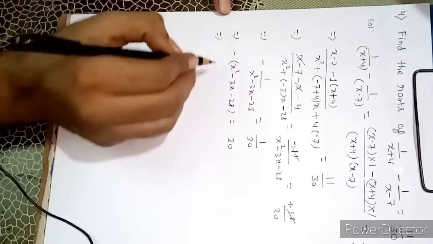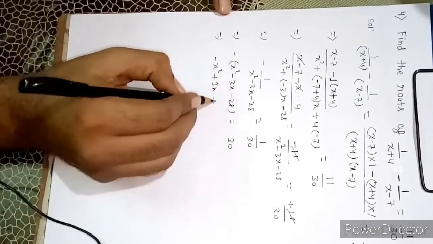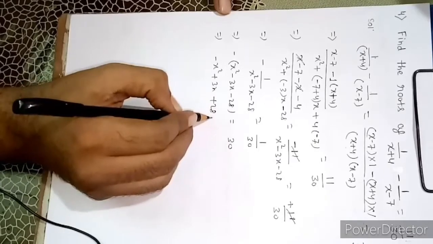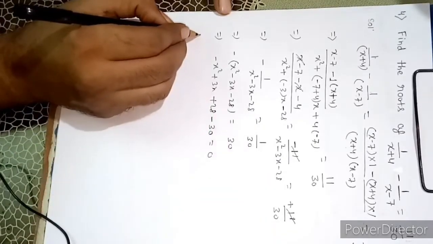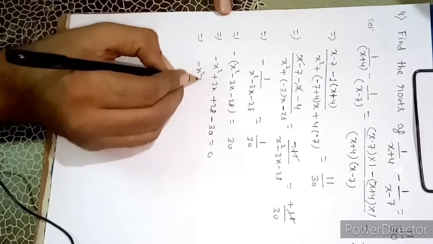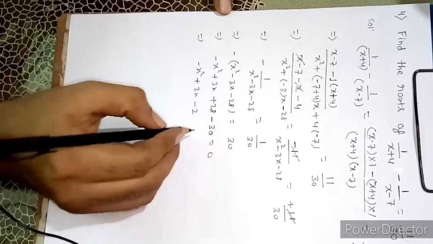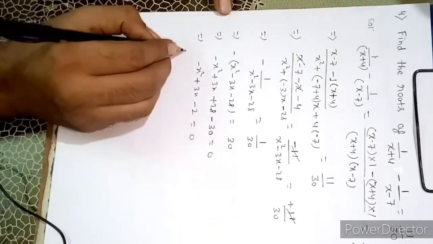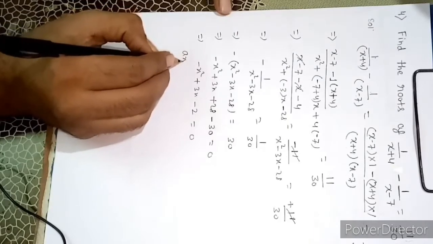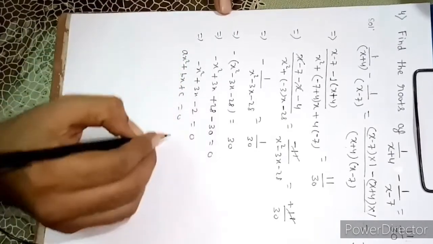Now I am splitting this. You are getting minus x square plus 3x plus 28 equals 30. If I bring it this side, it will become minus 30. Minus x square plus 3x minus 2, 28 minus 30 is minus 2, equals to 0. Now this is in the form of ax square plus bx plus c equals to 0.